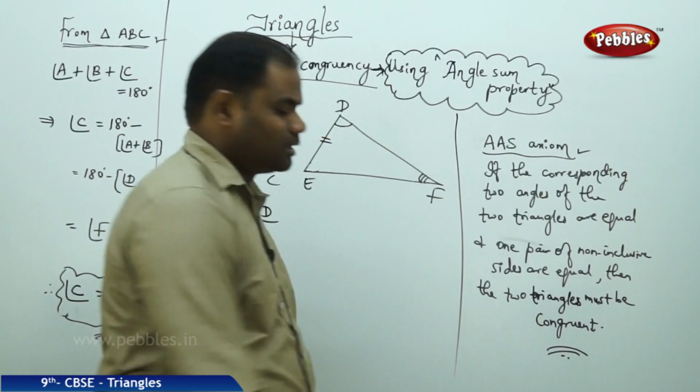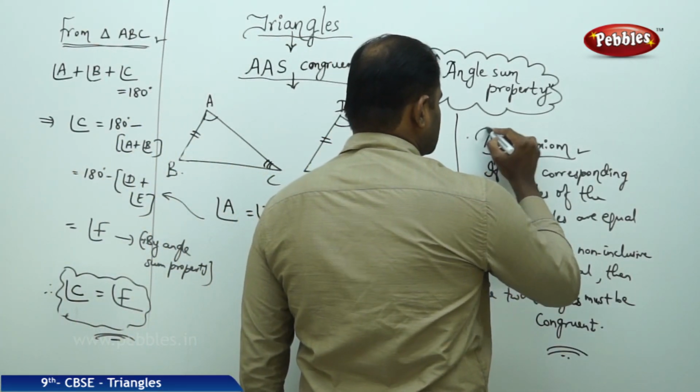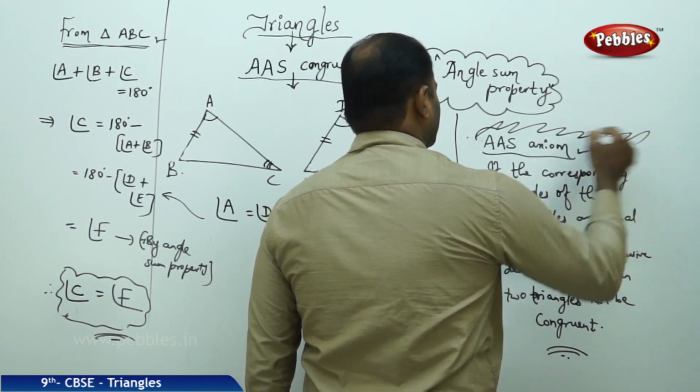This is how I understand the congruency through the AAS axiom.